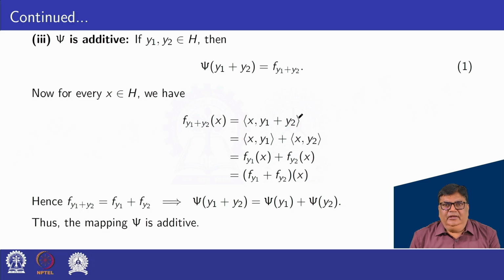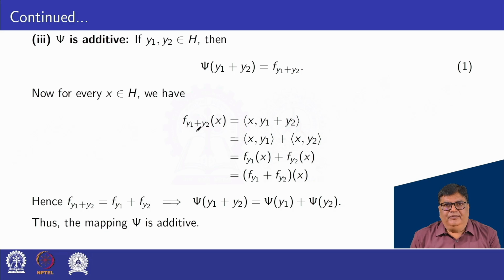So by property of inner product, this can be written as inner product of x, y1 plus inner product of x, y2. Again, by the definition of Fy, this can be written as Fy1 of x plus Fy2 of x, that is Fy1 plus Fy2 of x.